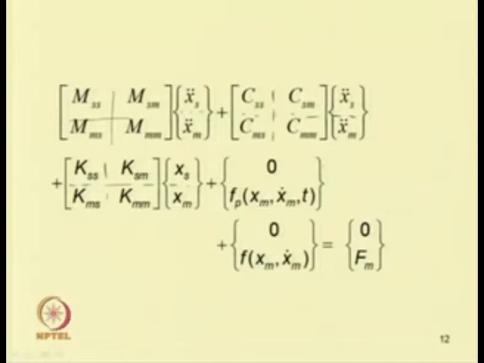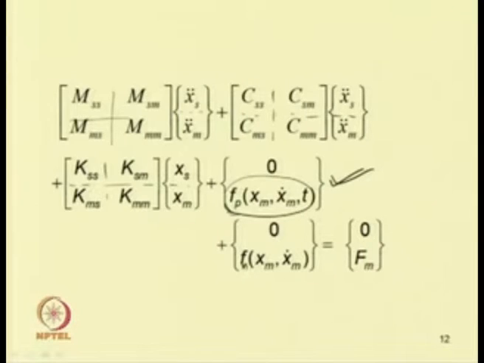The parametric term associated with x m, x m dot and t can be written in this form; as we put all these in the master degrees of freedom, only the lower part will contain it, and the upper part, where the slave terms are, we set equal to 0.